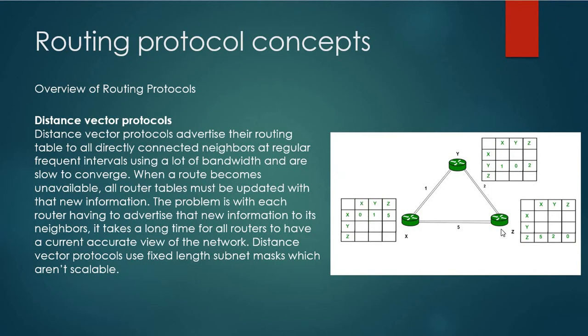See in this figure, here we have the routers X, Y, and Z, and in between these routers we have a connected link. Each and every router has routing tables. It maintains the routing table like a switch.